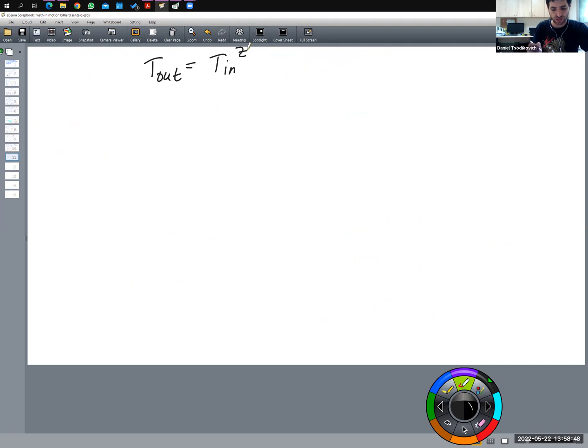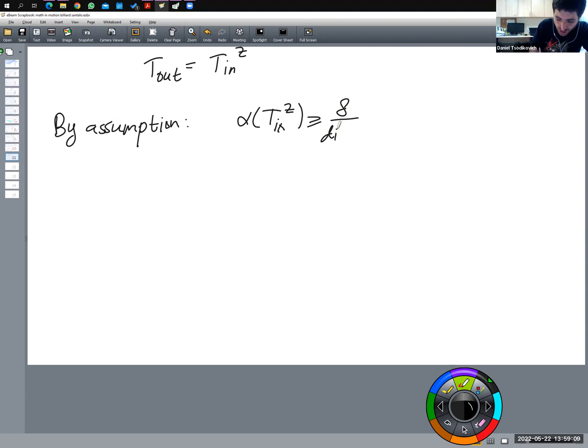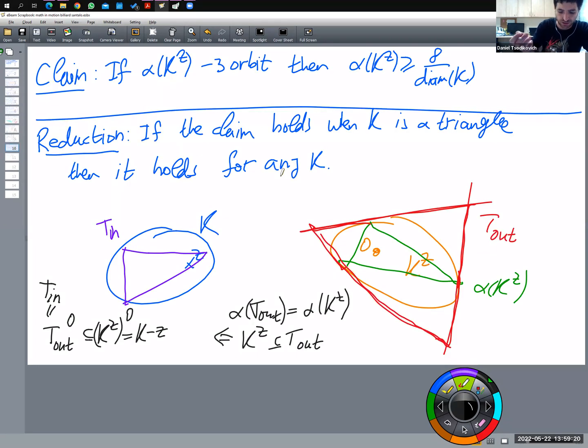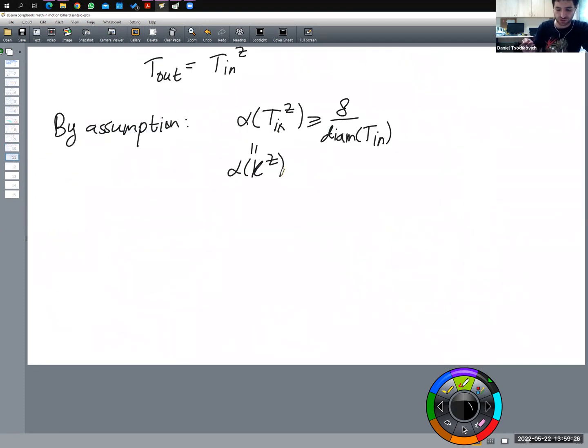So by the assumption of the reduction, we can conclude that the shortest billiard trajectory in T in Z is at least 8 over the diameter of T in, but this is just the alpha of Kz, and the diameter of the inner triangle is at most the diameter of K. So it can only decrease this fraction further.